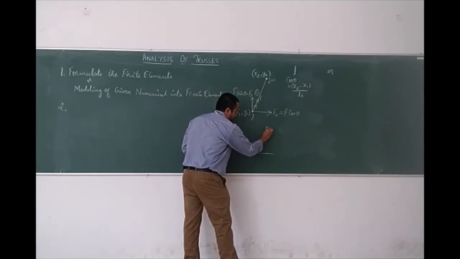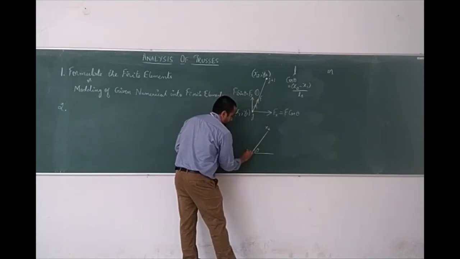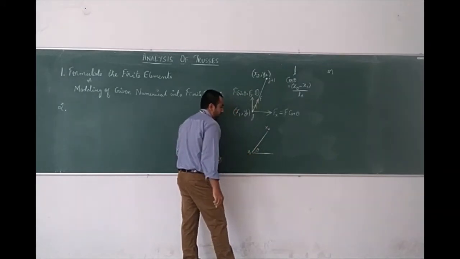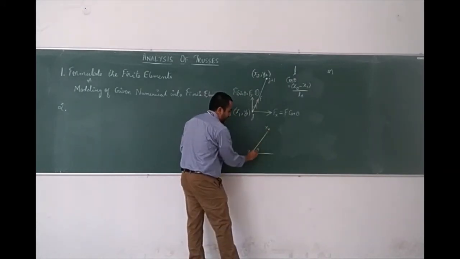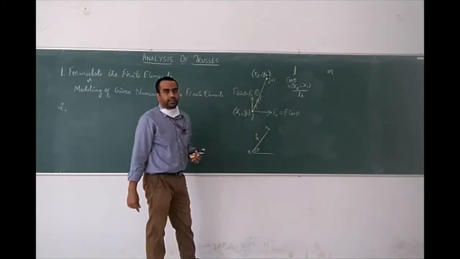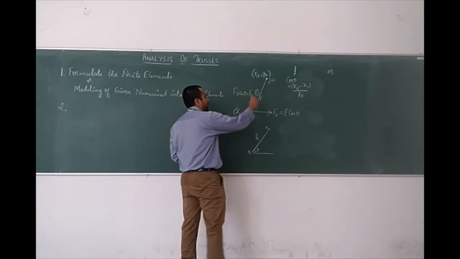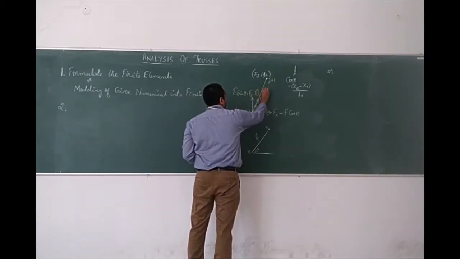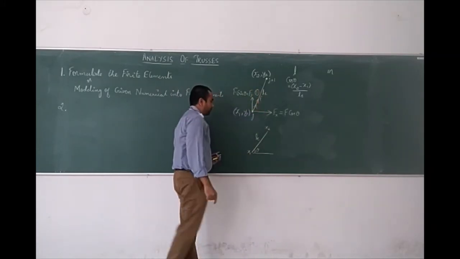This is x2, this is x1. The entire length of the element we will denote by L suffix e, where e denotes the element number. So this entire length is L suffix e.